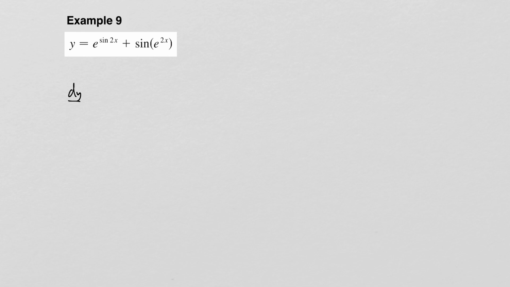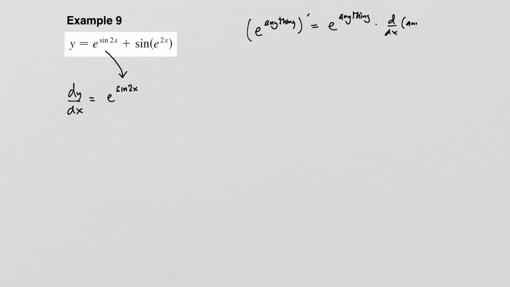So when we take the derivative here, we're going to start with the derivative of e to the sine of 2x is e to the sine of 2x. Again, the derivative of e to the anything is going to be e to the anything. But then you have to multiply by the derivative of the anything.